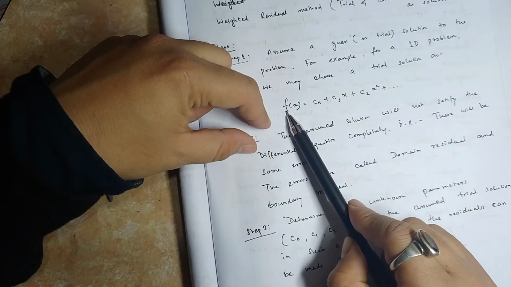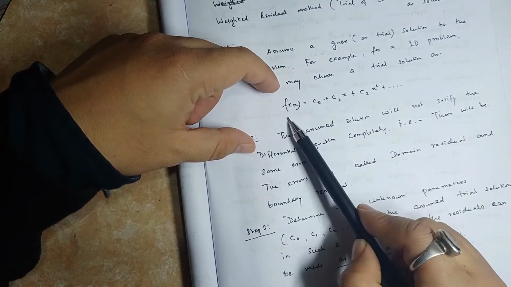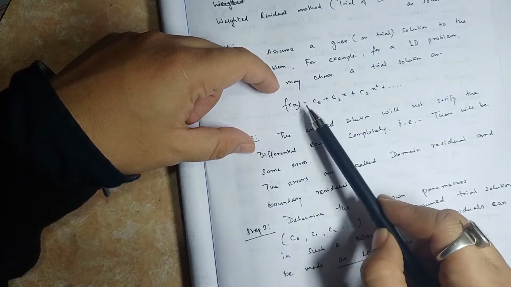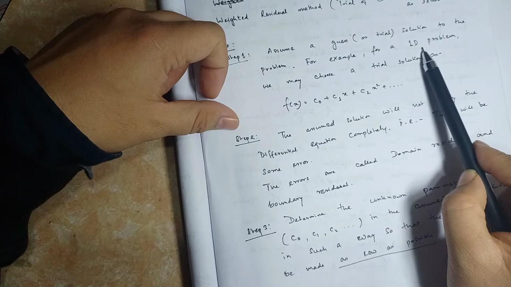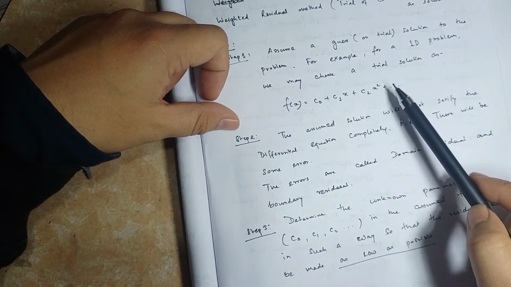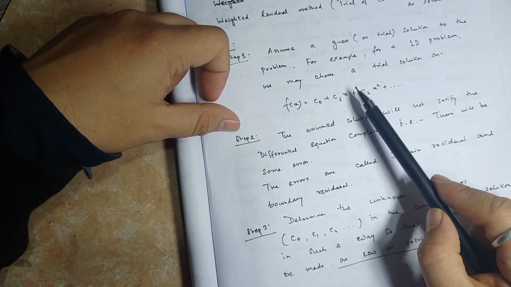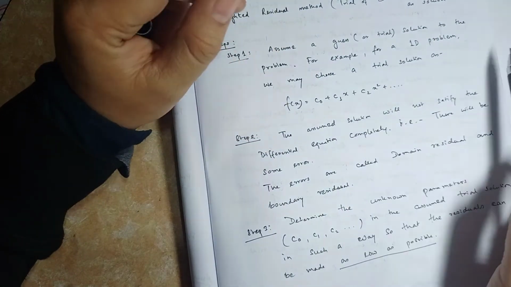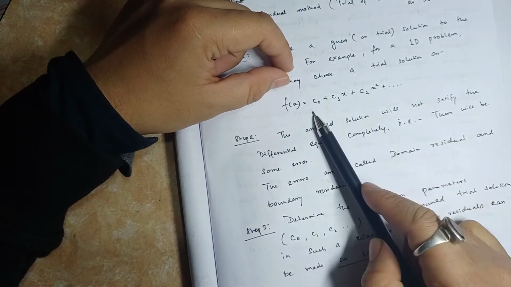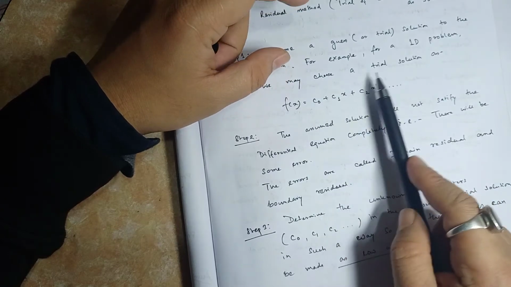Let's say d square f of x by dx. So that means it is not a partial differential equation, it is a 1D problem here. So the dependent variable depends upon only one independent variable. That's why this is an ordinary differential equation, and we have taken any trial solution like this.